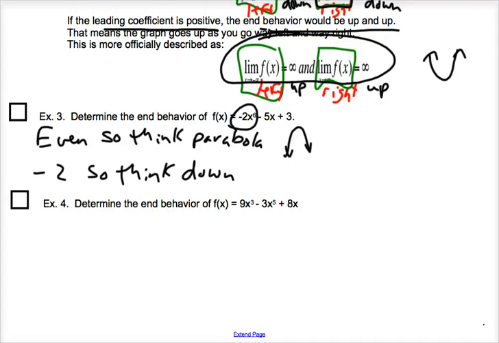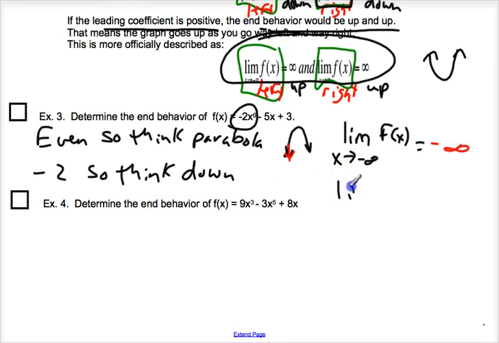Well, how do you do that? You write lim, limit of f of x, as x goes to -infinity, equals, as I go to the left, I'm also going down. And this is how you write down: -infinity.